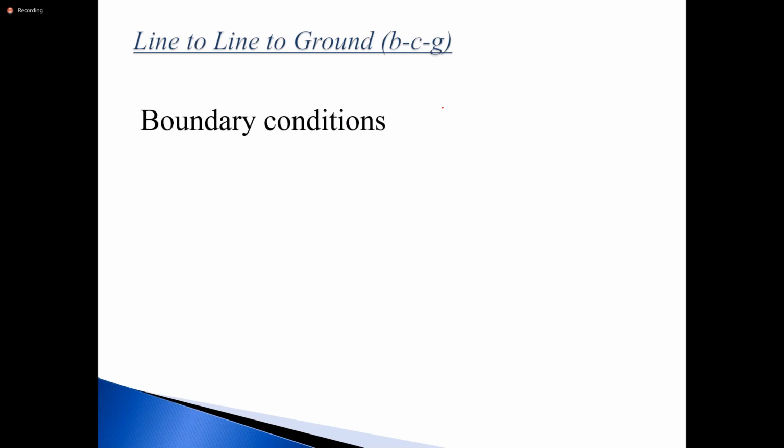We look at the boundary conditions, bearing in mind that it is phases B and C which are now in contact with earth. So once again, the possible causes for a line to ground would be similar for a double line to ground. Again, it could still be a tree, and instead of only touching one phase, it touches two phases.